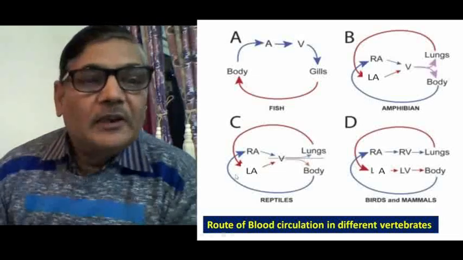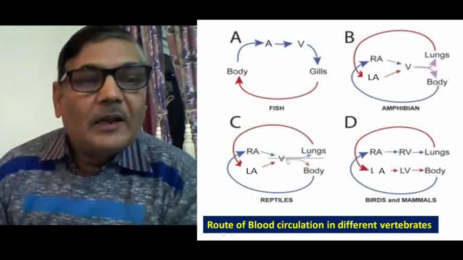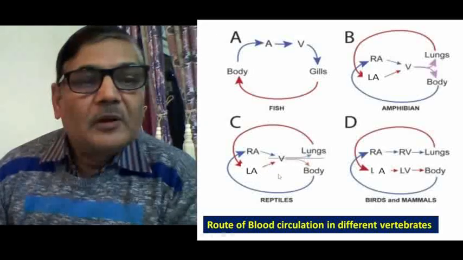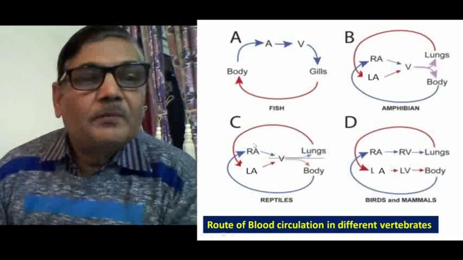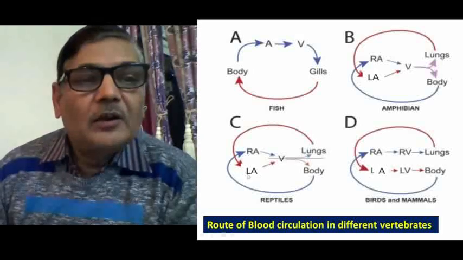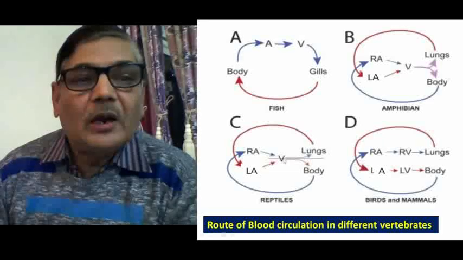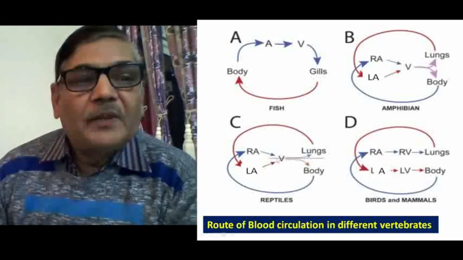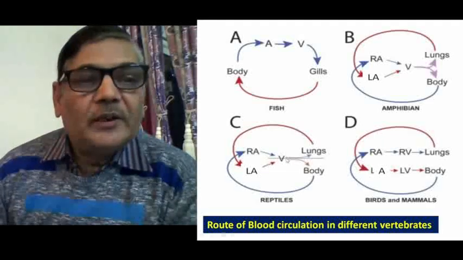And in case of reptiles, again the heart is three-chambered, particularly in case of turtles, lizards, snakes, you will find the heart being three-chambered, except crocodiles, because crocodiles have a four-chambered heart, but here the ventricle is partially divided.